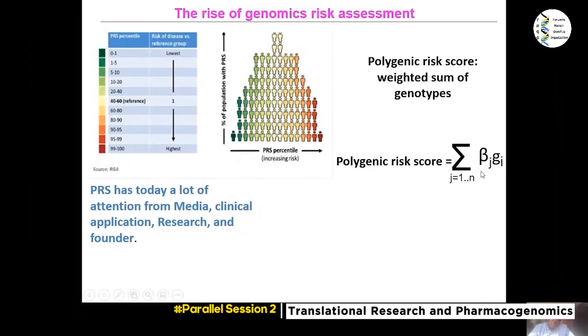In this formula you have the effects of the causal SNPs and the individual genotype, and you aggregate all those small effects, and then you can estimate the risk or the genetic liability of an individual, and of course compare it against the rest of the individuals within the population. Today, PRS has taken a lot of attention from media, clinical applications, research, and also from the funder perspective.